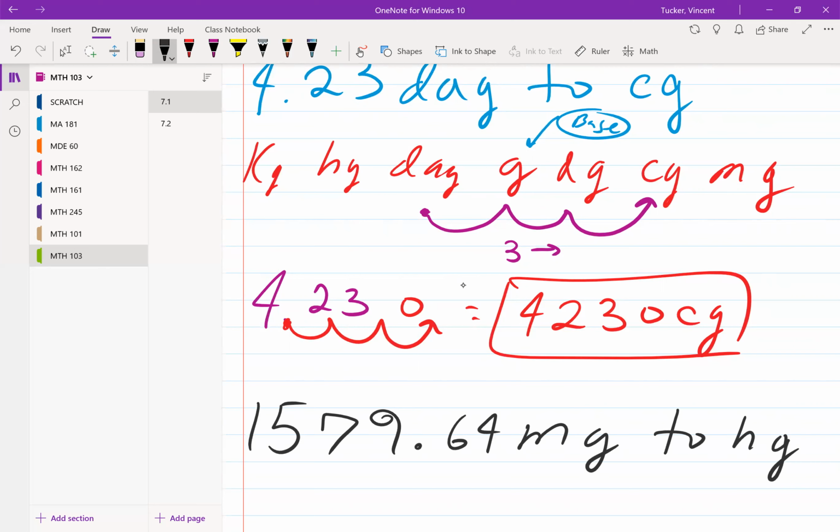Okay, so 1,579.64 milligrams. I don't want to go grams, I wrote grams. I want to do liters. Milliliters to hectoliters.